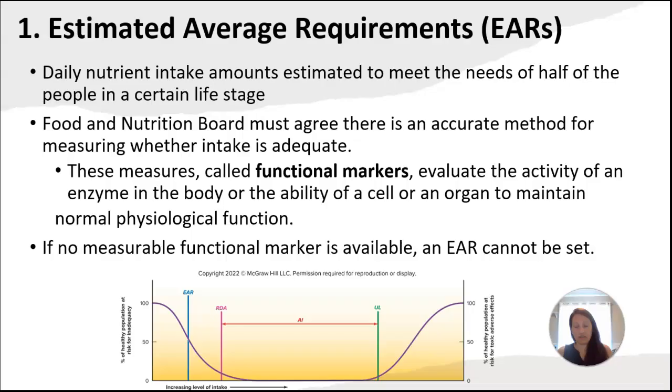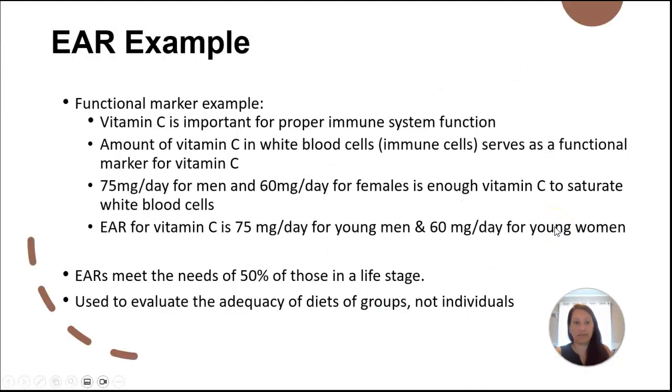If there isn't an available marker, then an EAR cannot be set. So there are going to be some nutrients where there is no EAR. Again, this states that 50% of the people in a specific life stage would have their needs met if they met that particular amount of whatever nutrient we're talking about.